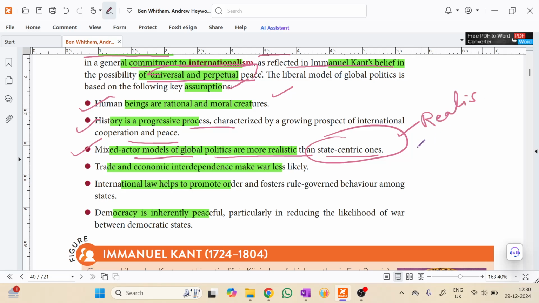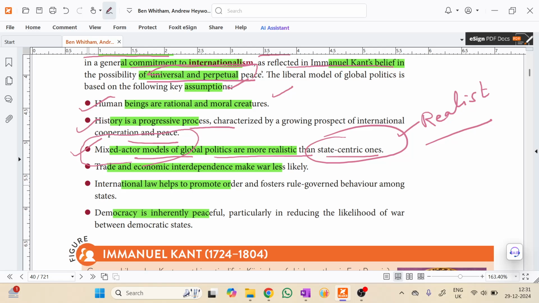Whereas the liberalist model believes that global politics is run by not one particular state, but a multitude of actors, such as TNCs, transnational corporations, and all the other addendums of globalization, such as non-governmental organizations, pressure groups, corporate lobbies, indigenous movements, civic partnerships.